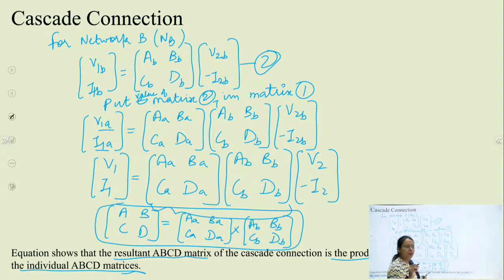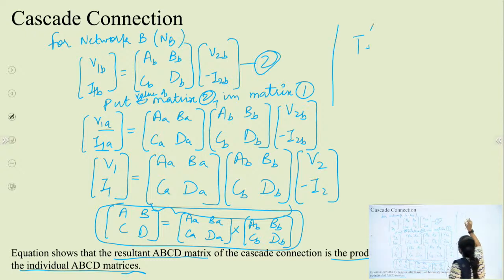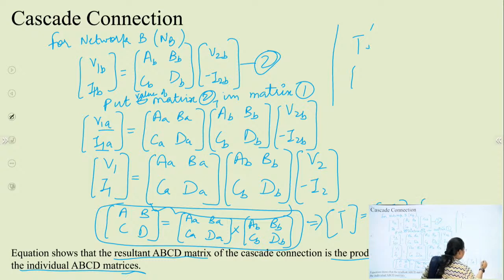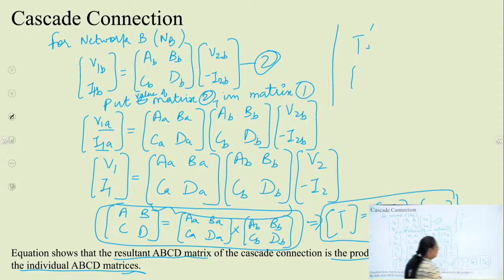Now for ABCD dash, if I am talking about T dash parameter, okay, so T dash में what will be the output? Simply in that case, I can write T will be equal to TA into TB.